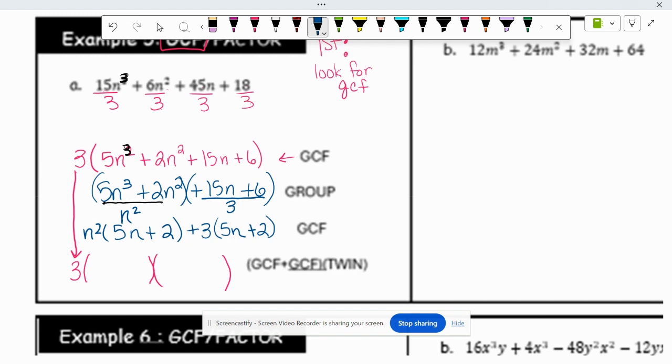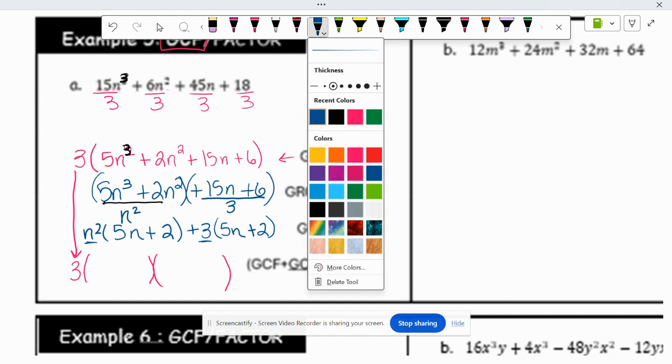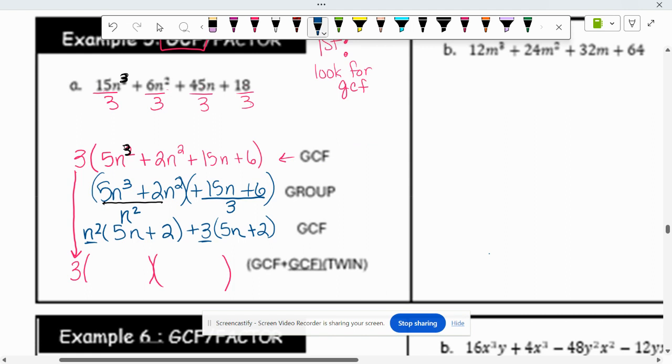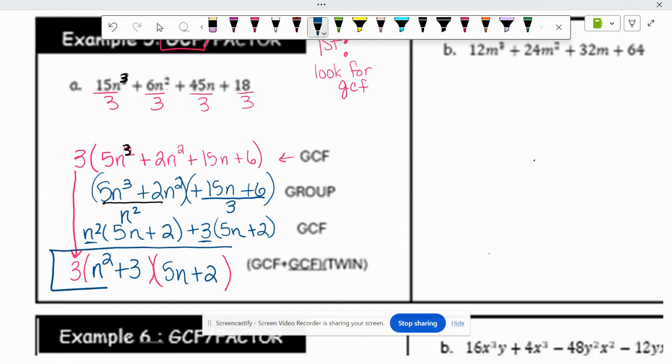So what do you have left? Well, GCF plus GCF. What's that look like in that first parenthesis? N squared plus 3, or n, yeah. And then my twin, 5n plus 2. Can't forget about that 3 that you pulled out at the beginning. I always just drop it straight down into the answer blank. Otherwise, I forget about it.